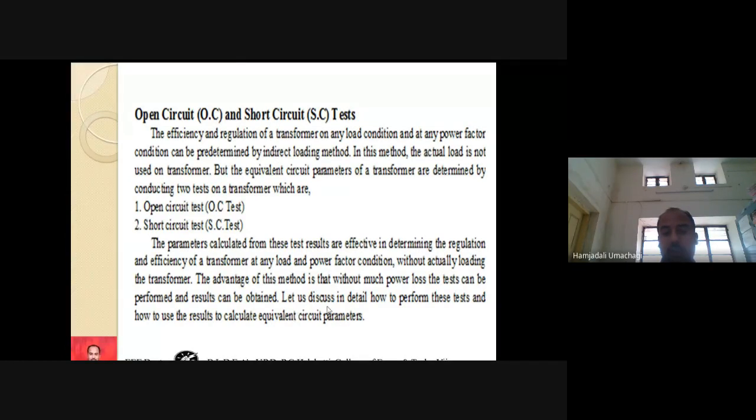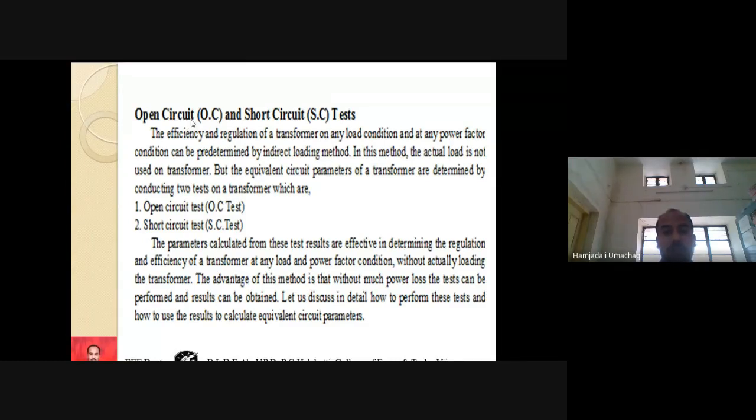Efficiency. So now using OC and SC test results, we are going to calculate the values of equivalent circuit parameters. Is it clear, all of you? So the open circuit test will give the information of what?